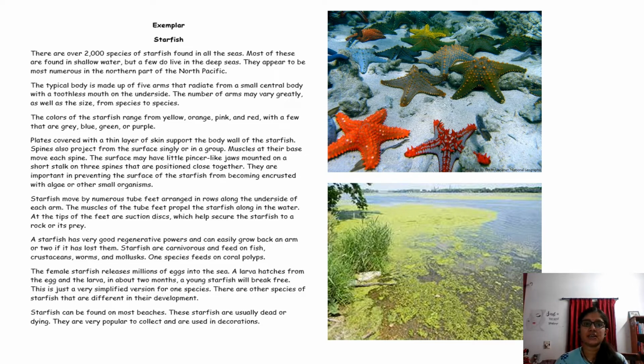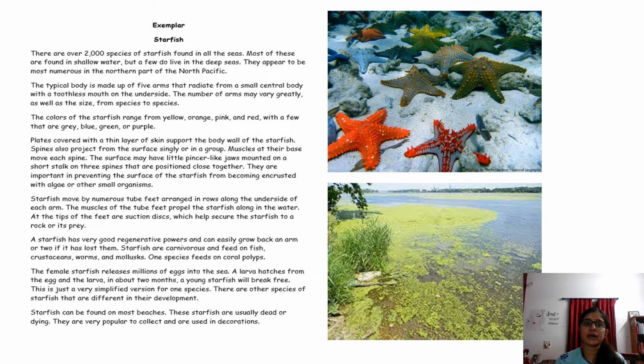So these are green living organisms, and when a starfish lives in a water body covered with algae, there is a tendency that its body will get covered with that green color, which is a disturbance to it. So its body is designed in such a way that it is prevented from being covered by algae. So algae cannot cover the body of the starfish most often because of the way it is designed.